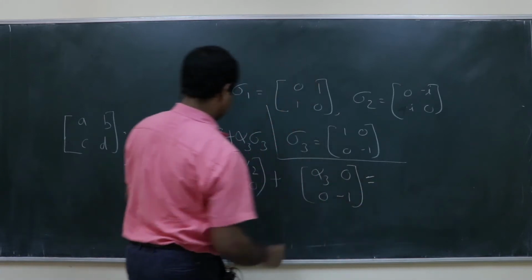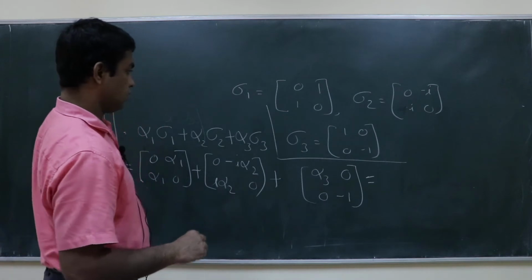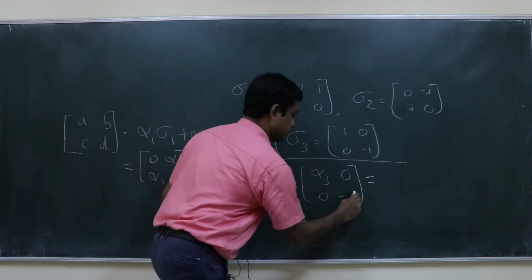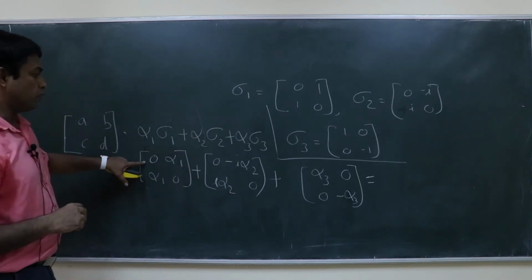So what is this sum equal to? So what you are going to get is minus alpha 3. If I sum this, what am I going to get?